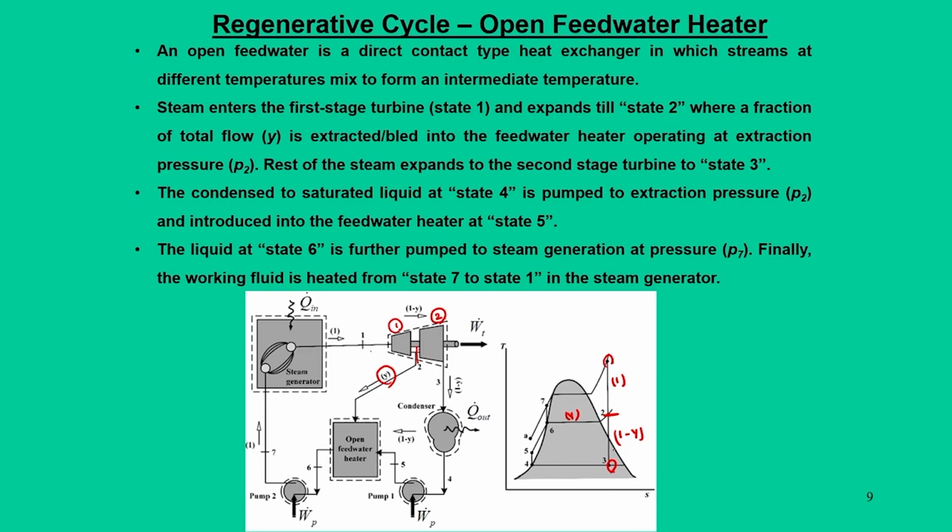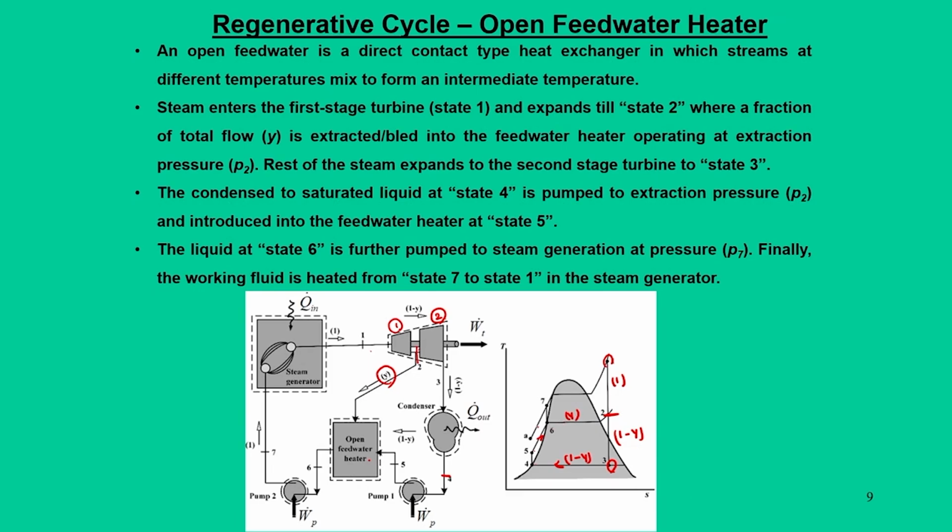And then what we do? In the condenser process, that is from 3 to 4, 1 minus Y unit gets condensed, so it reaches state point 4. Then from 4 there is a feed water pump that takes this 1 minus Y quantity of saturated liquid at state 4 to state 5, and then you allow it to enter an open feed water system, and there it meets Y unit of steam.